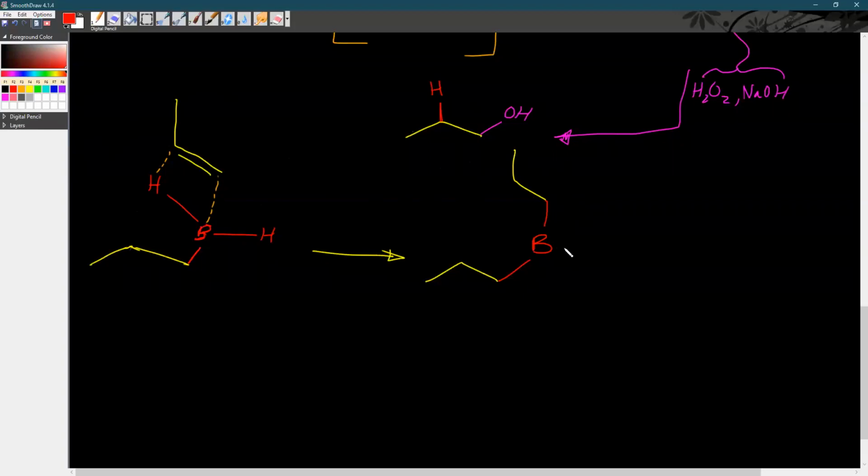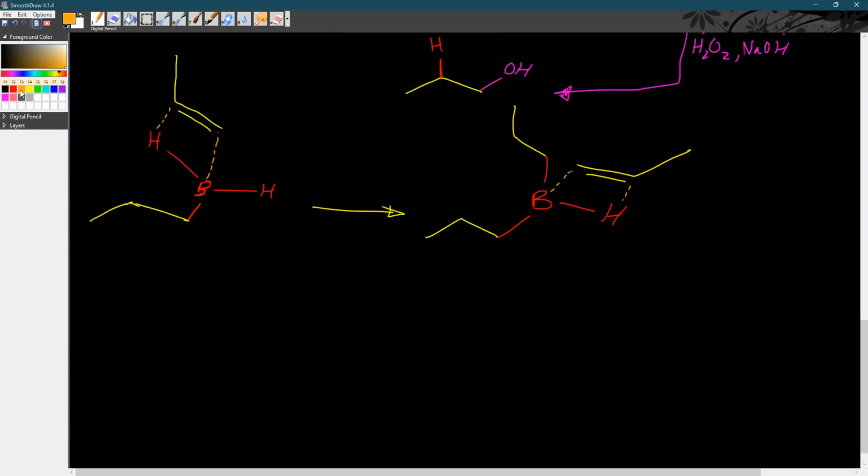And same thing, we have another of these hydrogens, so we could get another one of these double bonds to come in and react. So again, we end up forming the boron on the less substituted side, the hydrogen on the more substituted side. And what comes out of this is something called a triborane, okay?